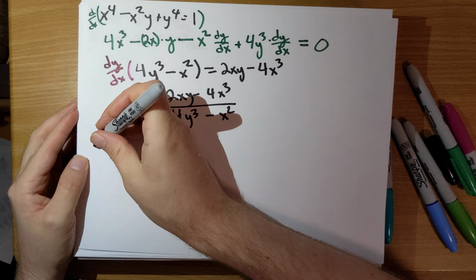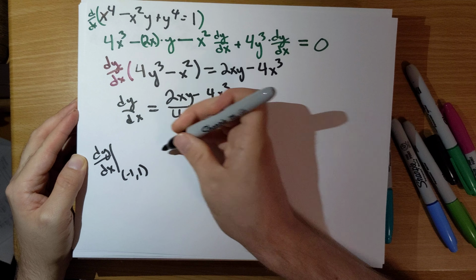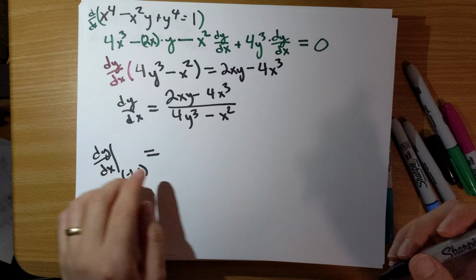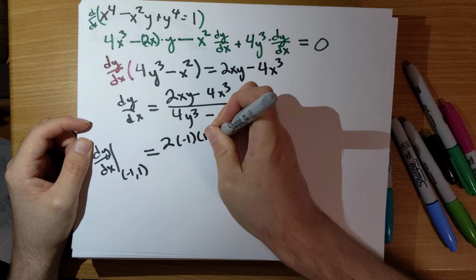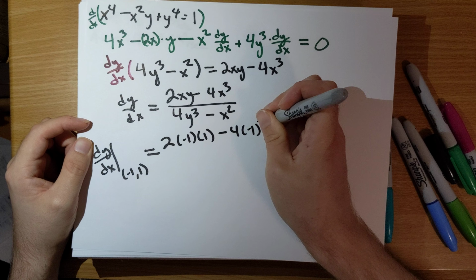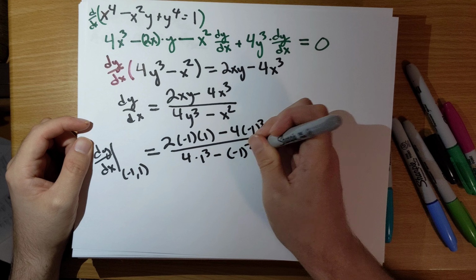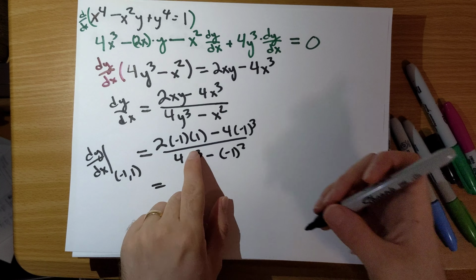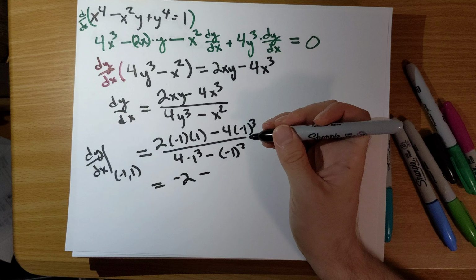We need dy dx at the point -1, 1. And so let's just plug in. x is -1, y is 1. Okay, so 2 times -1 is -2.